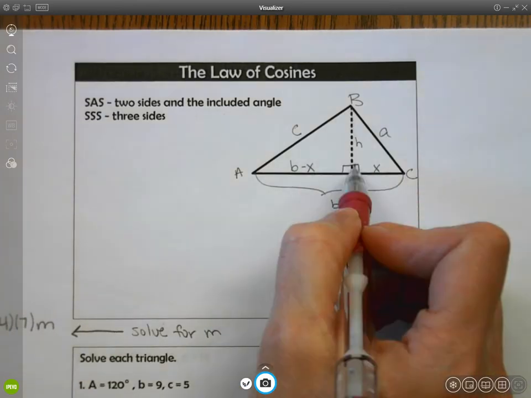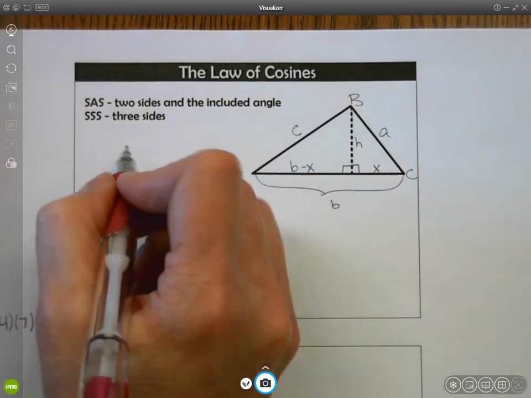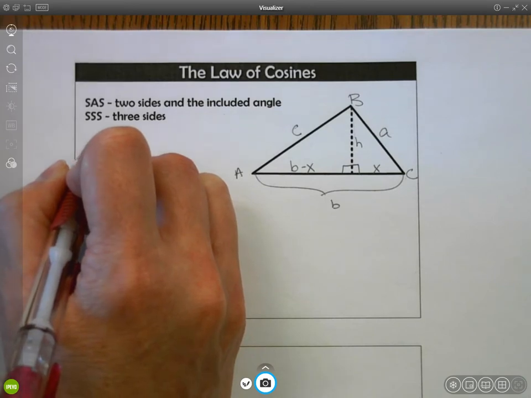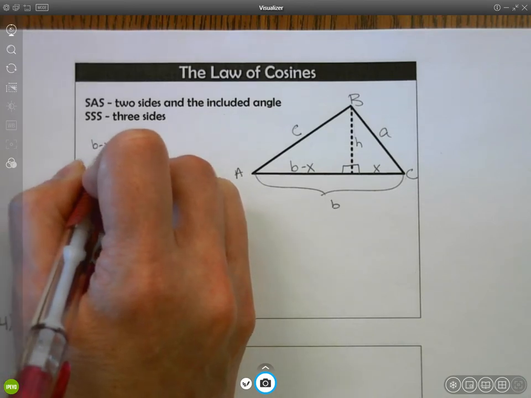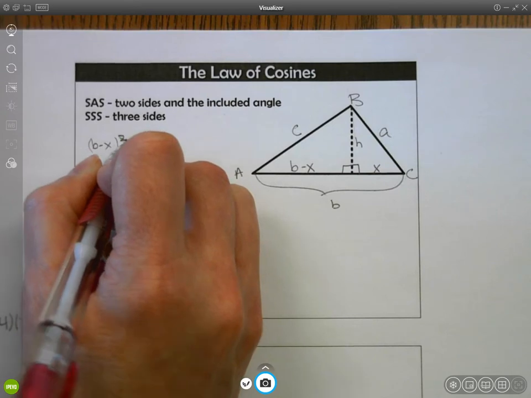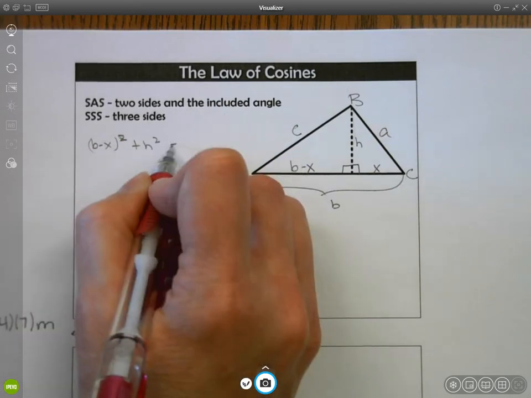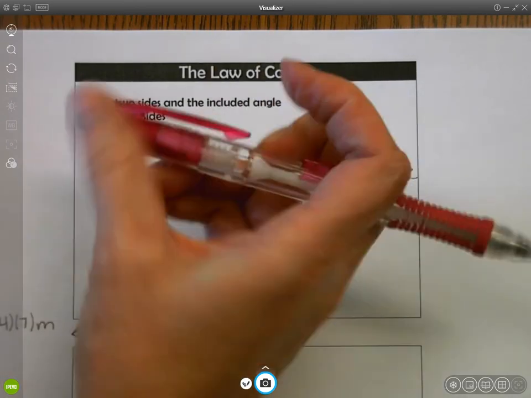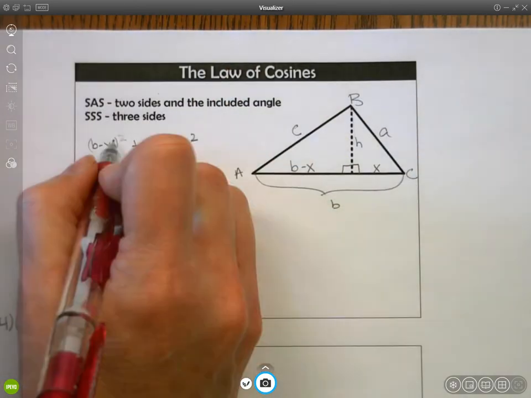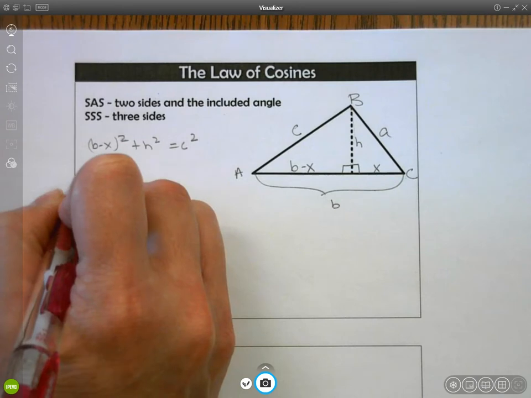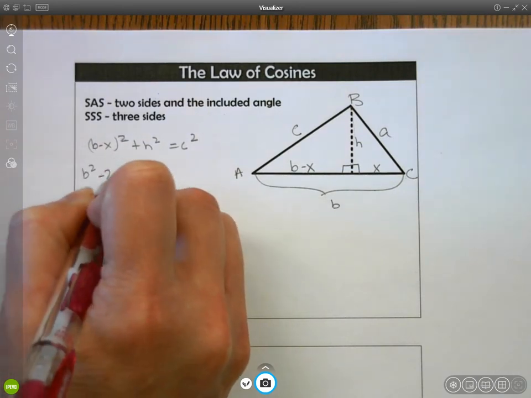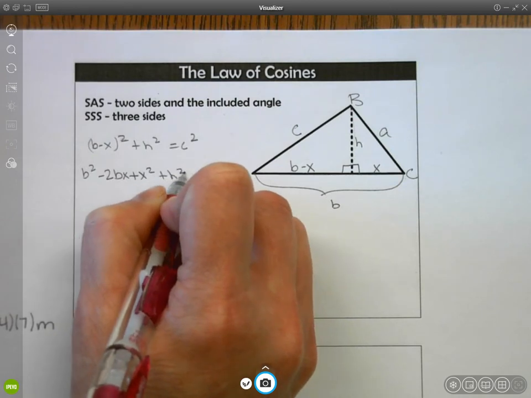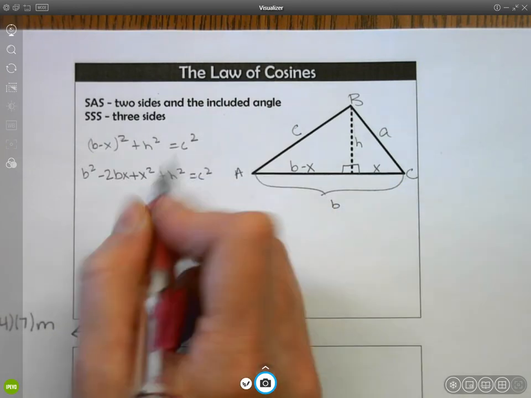Alright, so for this triangle, Pythagorean theorem would be that we have B minus X squared plus H squared is equal to C squared. Alright, so if we multiply this guy out, we're going to get B squared minus 2BX plus X squared plus H squared equals C squared.